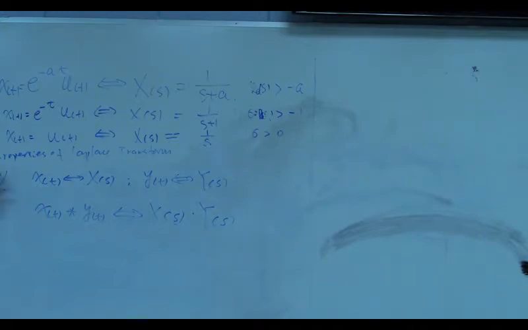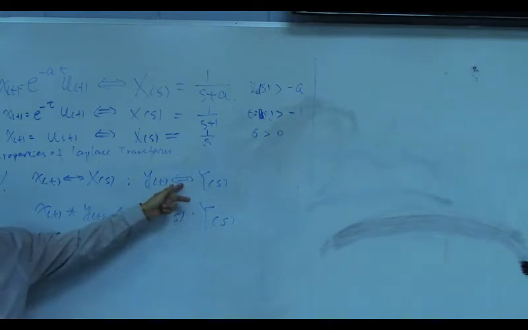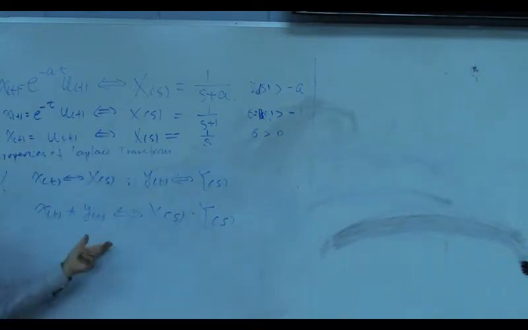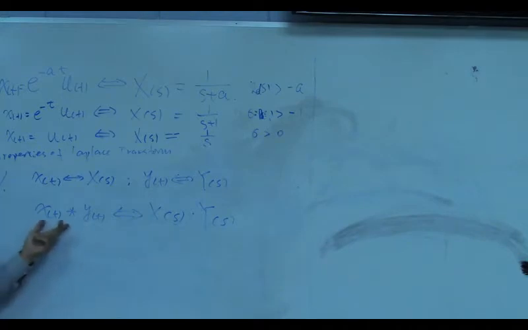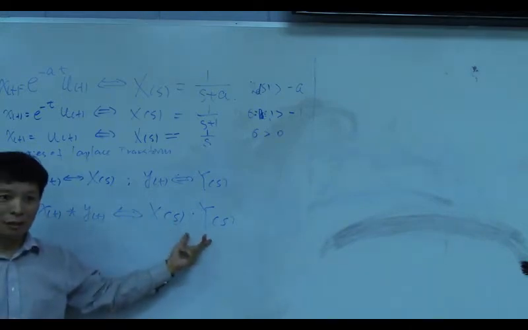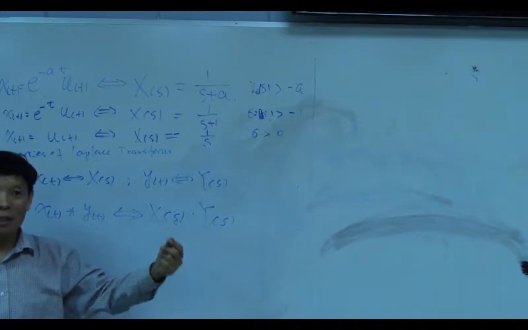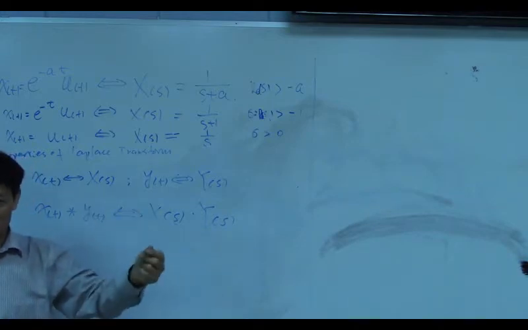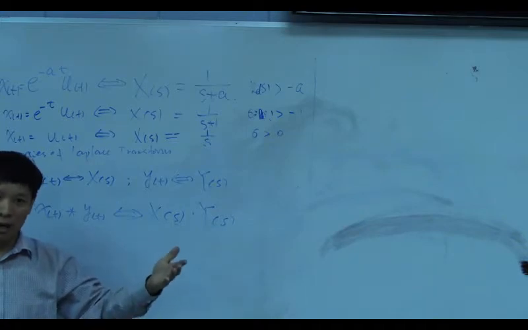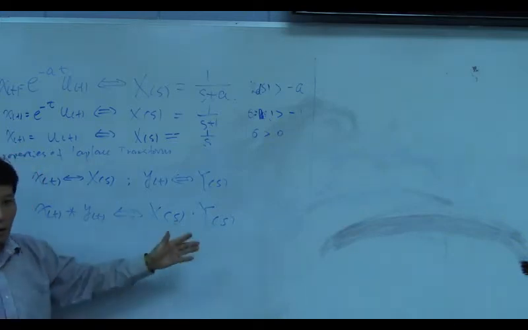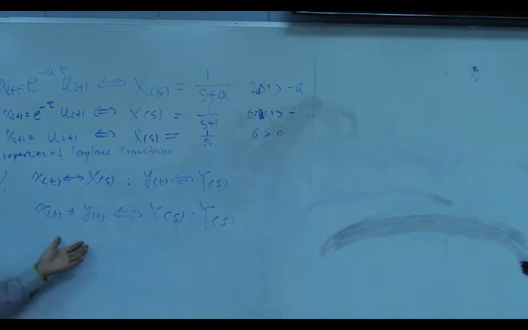Time domain signals are not easy to manipulate, no matter what. So we take the Laplace transform of each. Then in the Laplace domain, convolution is just multiplication, differentiation is just multiplied by s, and integration is only divided by s. All these things are much easier than in the time domain.